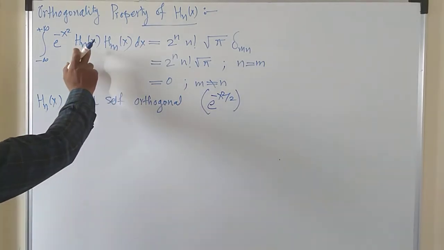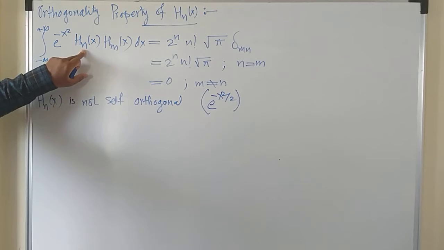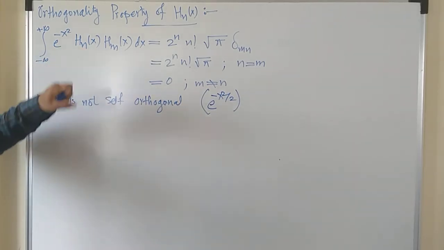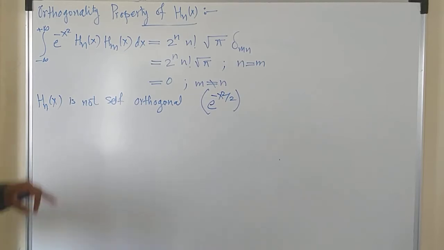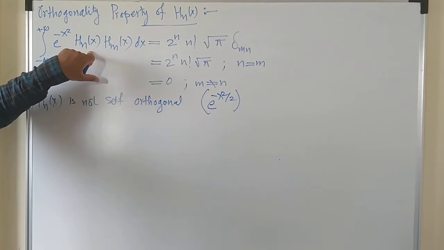Now as this property itself shows you, Hn of x and Hm of x are the two polynomials. Now consider these two polynomials and put them into the Hermite differential equation.